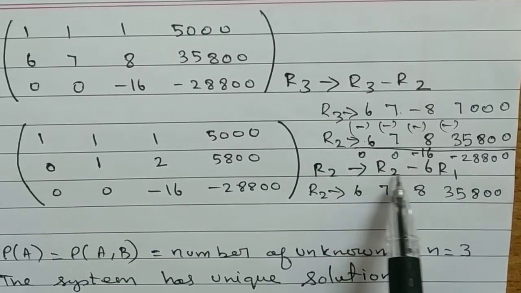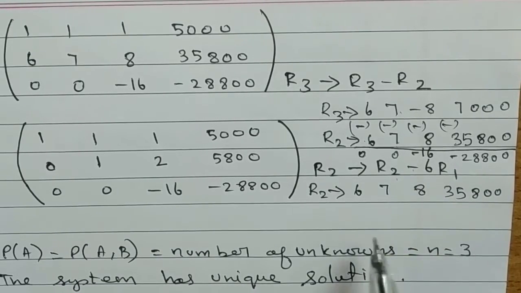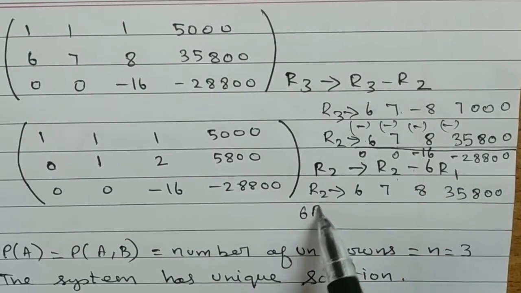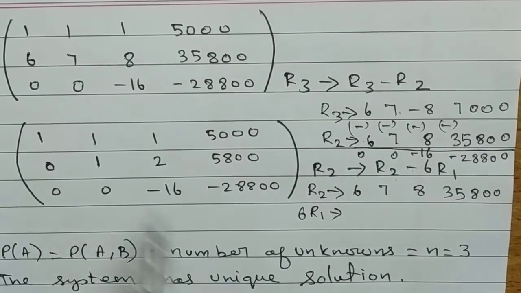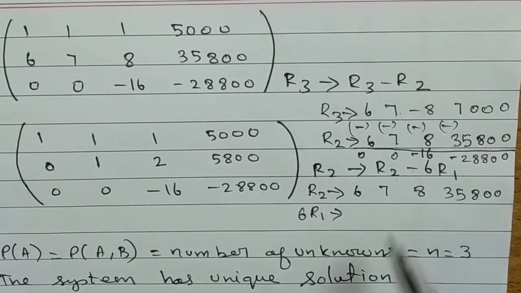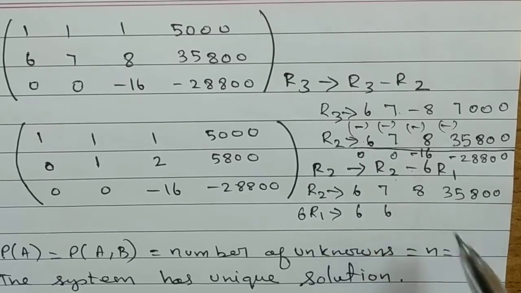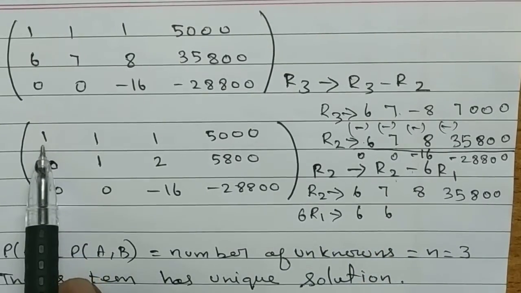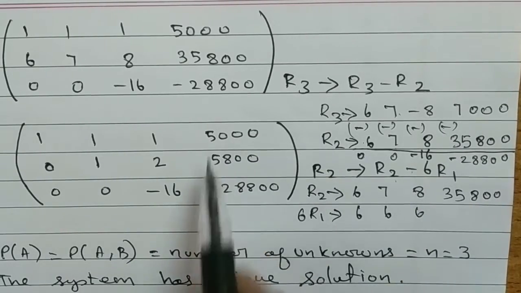And R2 is next one minus 6R1. 6R1 means 6R1 multiplied by the element here, 6. 1 into 6, 6. 1 into 6, 6. 6 5s are 30.